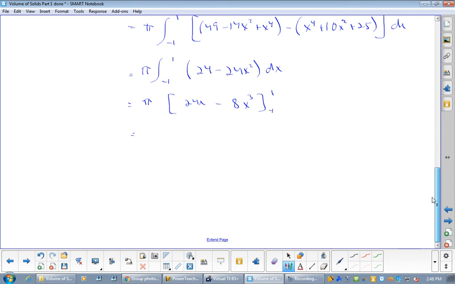So this will equal pi times 24 times 1 minus 8 times 1 cubed, minus 24 times -1 minus 8 times -1 cubed.